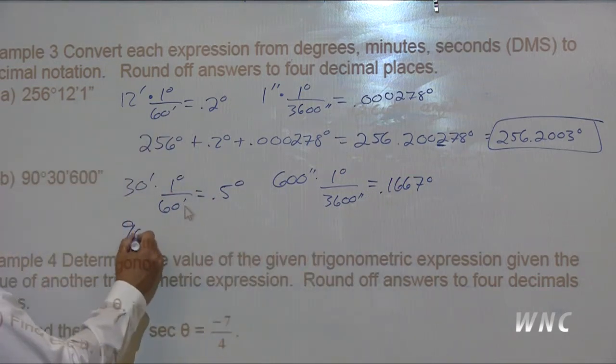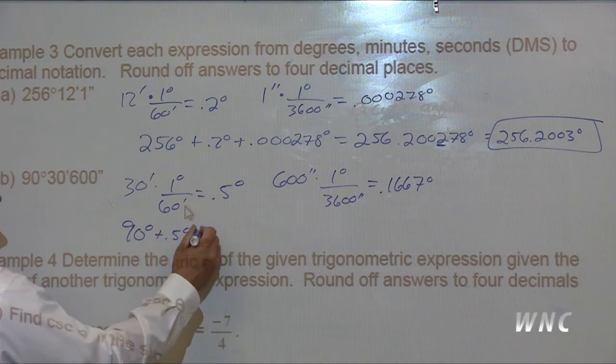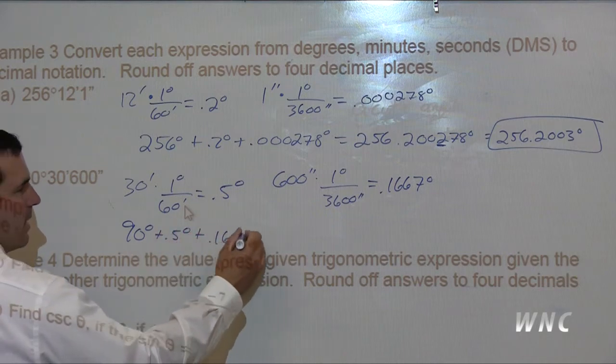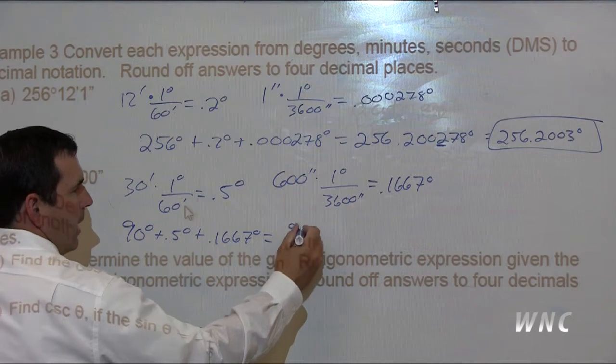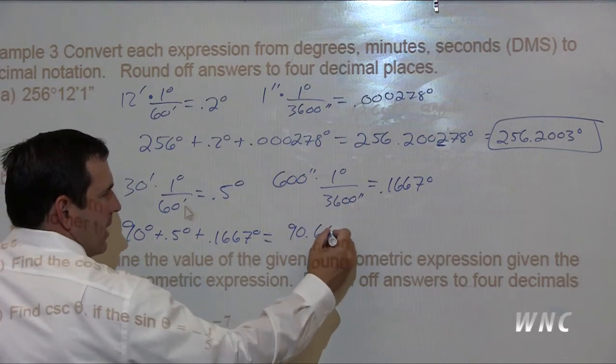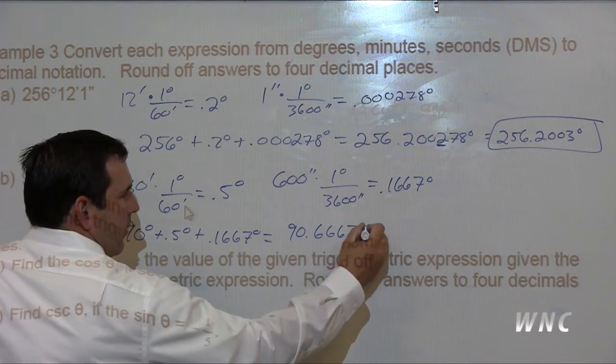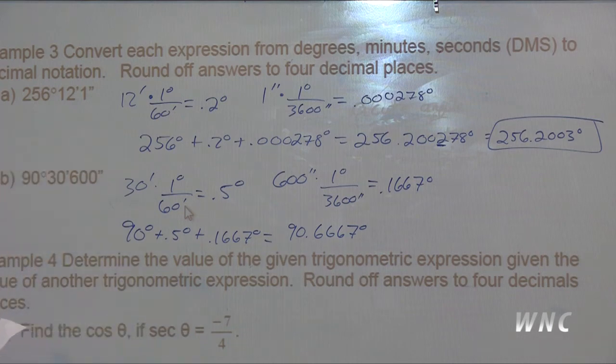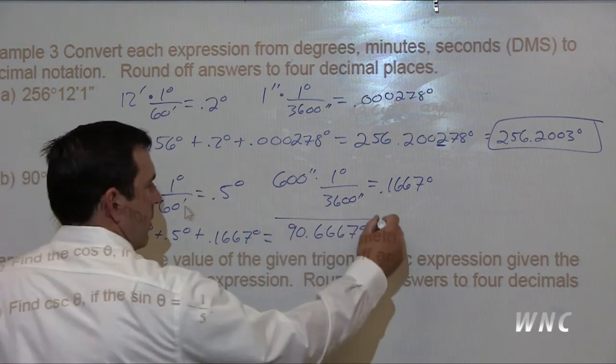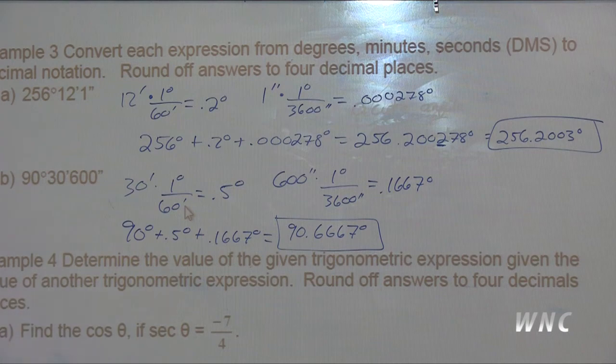So we'll have 90 degrees plus 0.5 degrees plus 0.1667 degrees, or 90.6667 degrees. That's it.